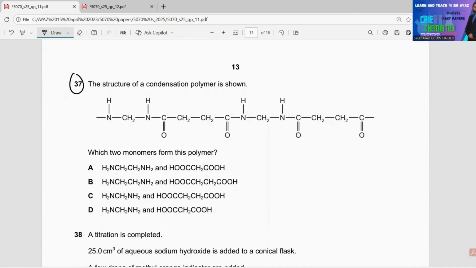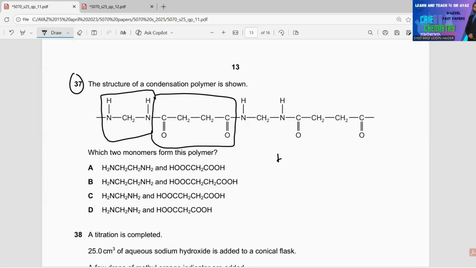37. The structure of a condensation polymer is shown. Which 2 monomers form this polymer? Now I'm breaking down this polymer into repeat units. So we have one repeat unit here and other repeat unit here. Now I'm writing down the formula of the monomers for this.